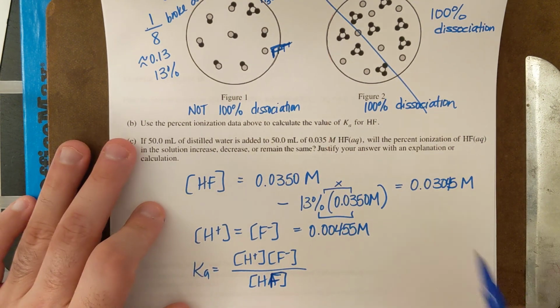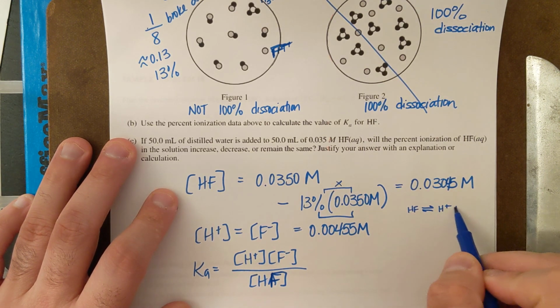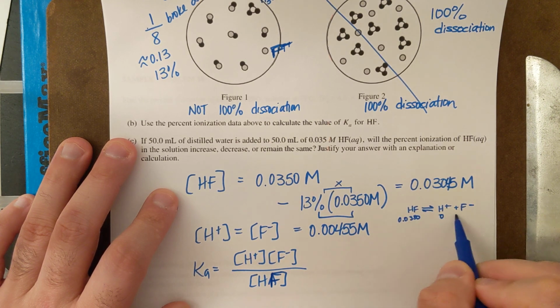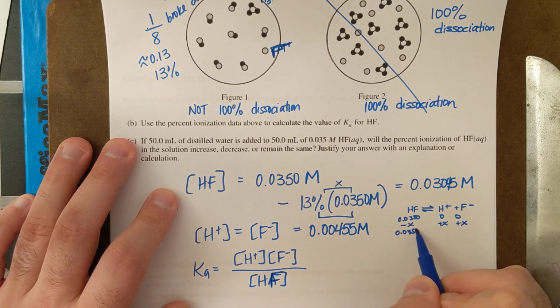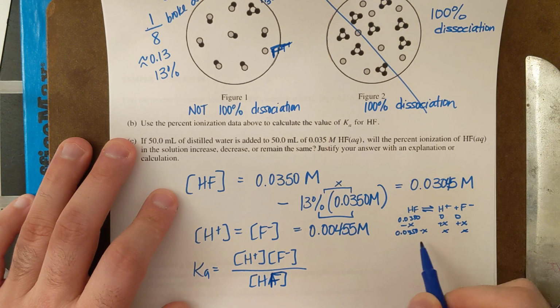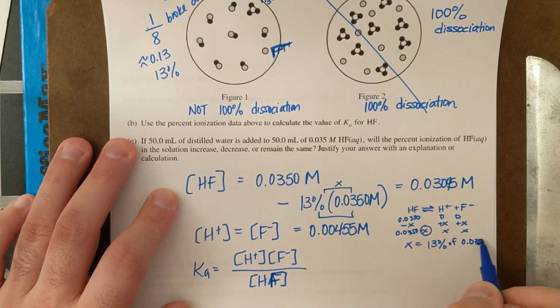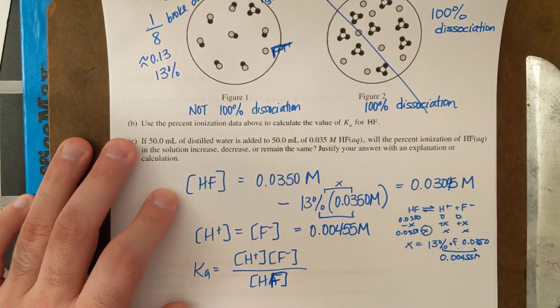If I did want to do an ICE table, I'd have HF in equilibrium with H plus and F minus, 0.0350, and then minus X, plus X, plus X: 0.0350 minus X, X and X. And I know that my value of X is equal to 13% of 0.0350. So once I got that number, which was 0.00455, I could plug that in for my value of X.